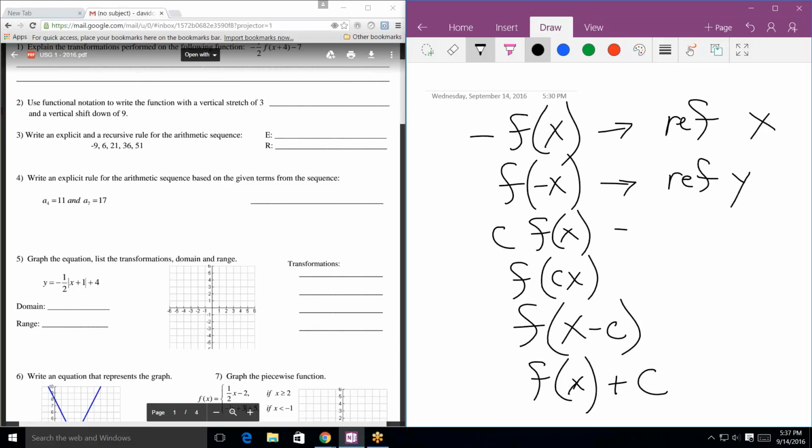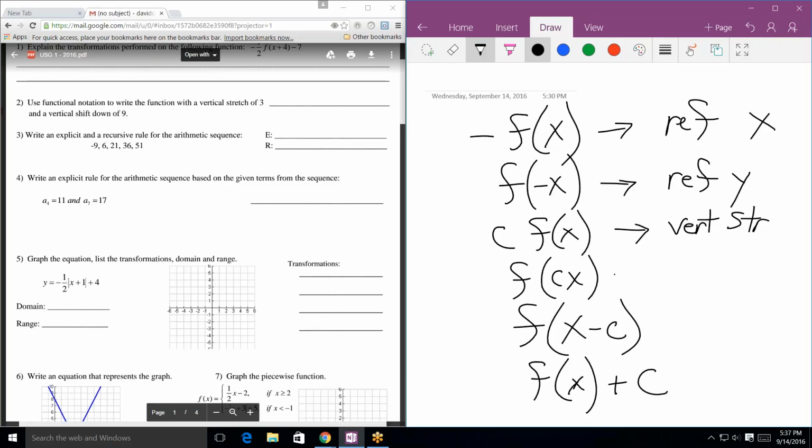What's the third one mean? Wouldn't that be a vertical stretch? Or shrink, depending on whether c is greater than or less than 1. In other words, it's a stretch if c is greater than 1. It's a shrink if c is between 0 and 1.